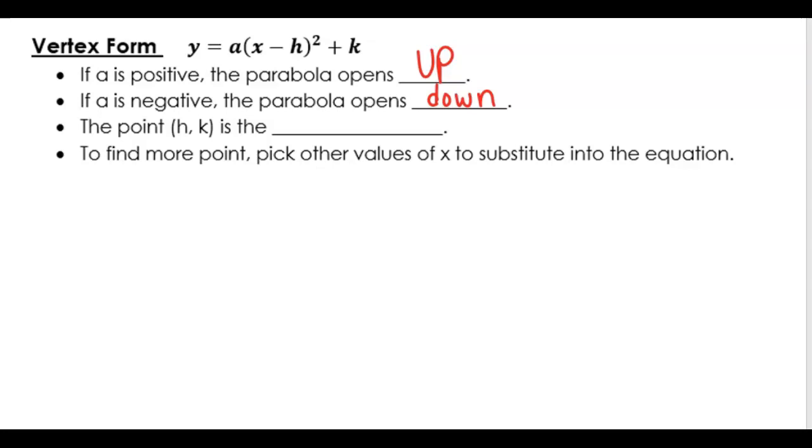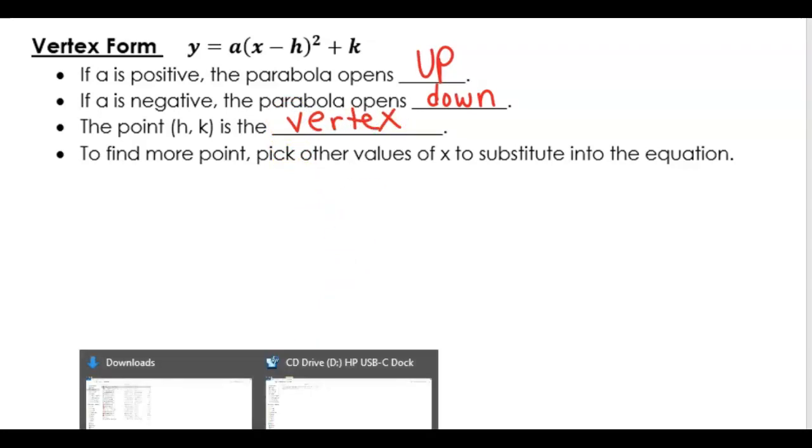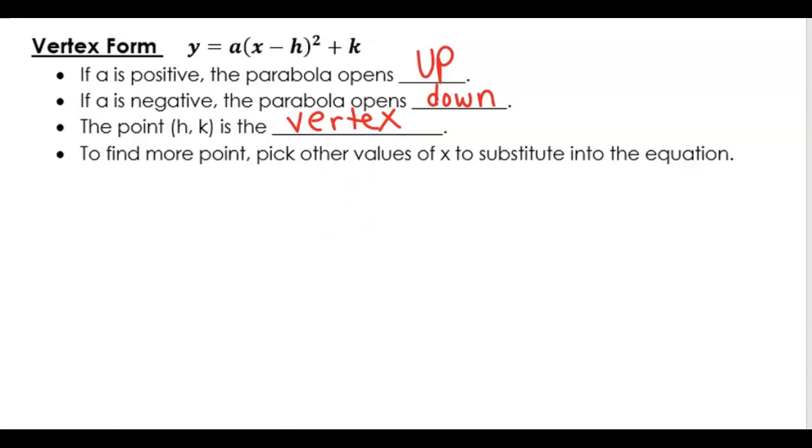The point (h, k) is the vertex. That's why we call it vertex form. And to find more points on the graph, you pick points and substitute them into the equation. So take a minute and write this down.